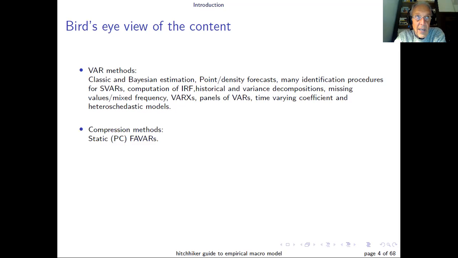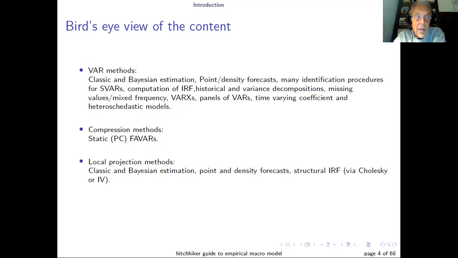There's going to be a part dealing with what are called FAVAR, or principal component VARs, and these are going to be static versions of these models. There is a portion which deals with local projections, which is an alternative way, as we have seen, to produce a propagation mechanism. And there's going to be both classical and Bayesian estimation.